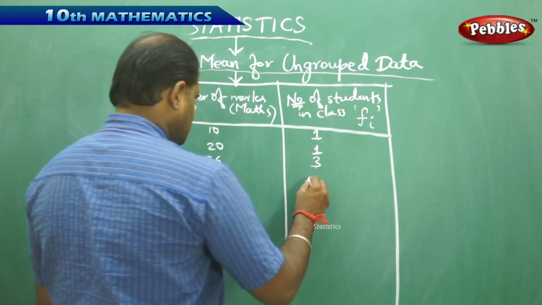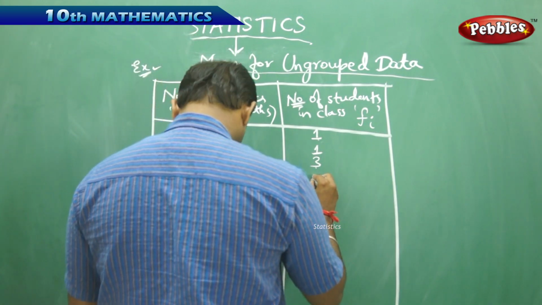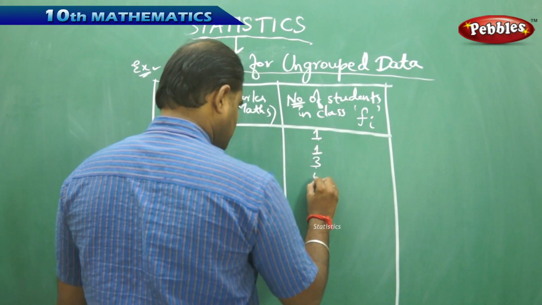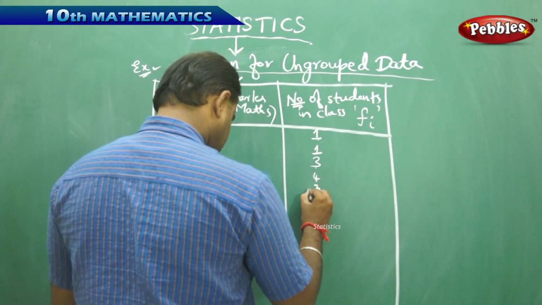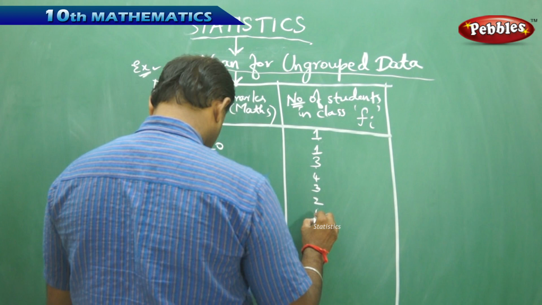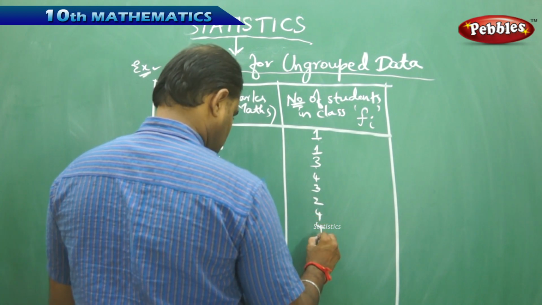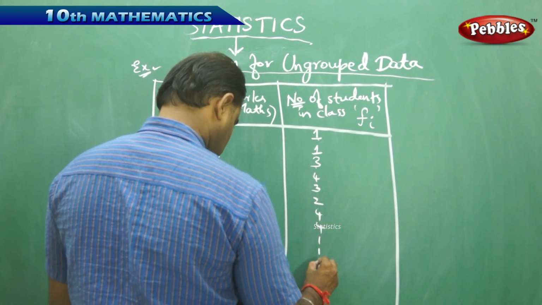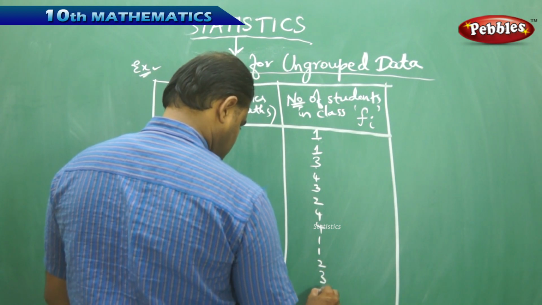So identifying this, then proceeding similarly, say my frequency is 4, 3, 2, 4, 4, 1, 1, 2, 3, 1.